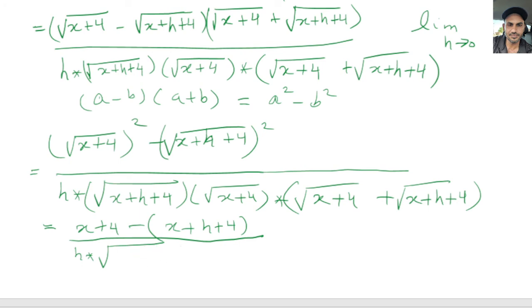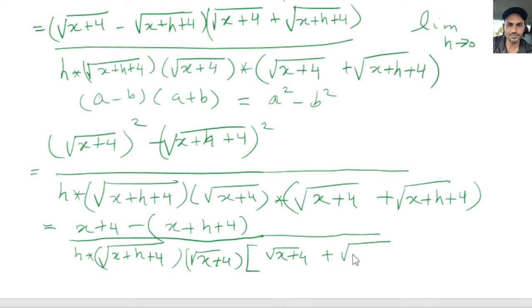So it's x plus h plus 4, and we have x plus 4, and then we have this one, square root of x plus 4 plus square root of x plus h plus 4, this is all denominator.